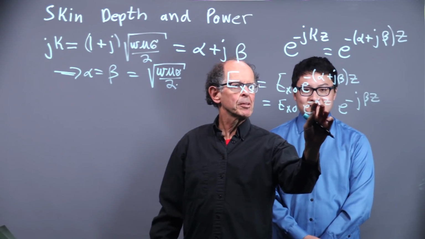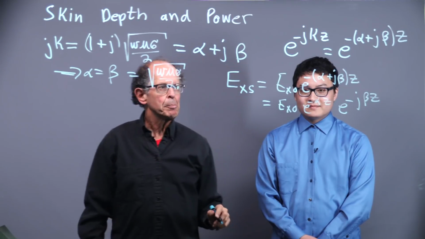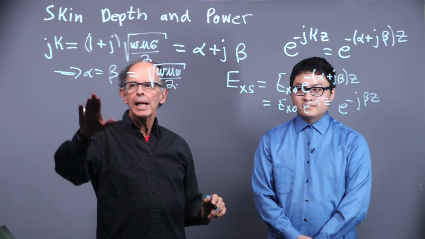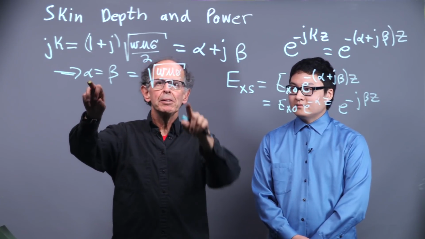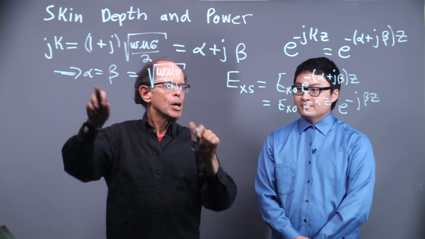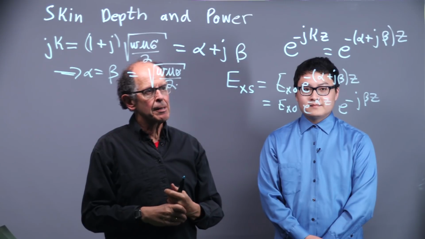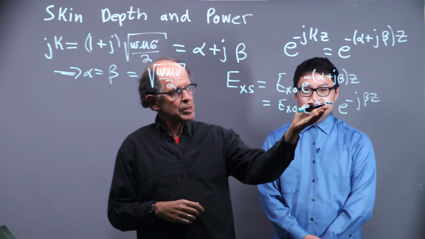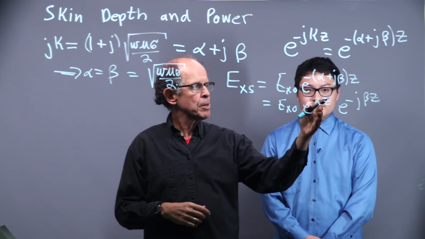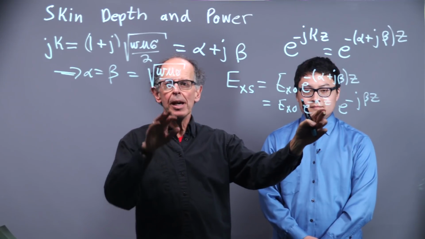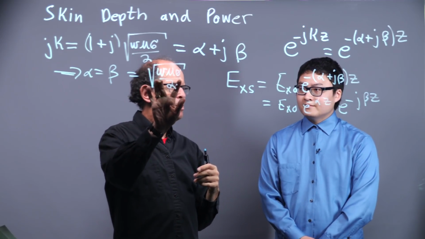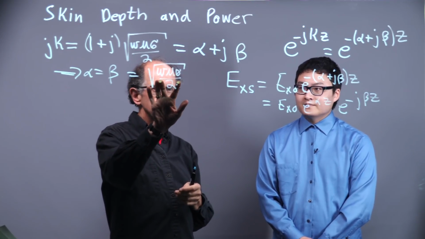Alpha before had units of nepers per meter, and here's the value of alpha. What we'd like to look at is the scale of the amplitude. When z increases, as the wave is traveling, it diminishes, and the diminishing factor is frequency dependent.